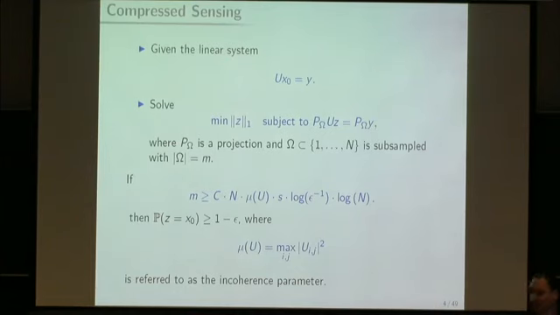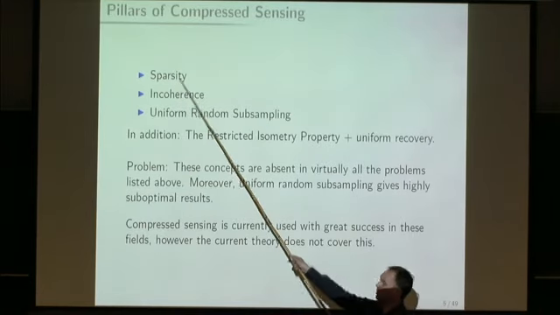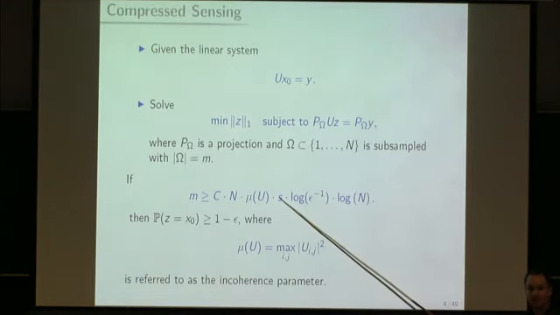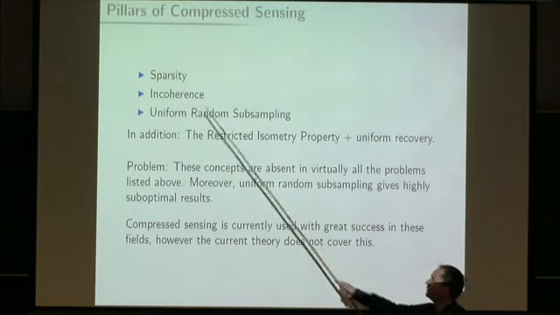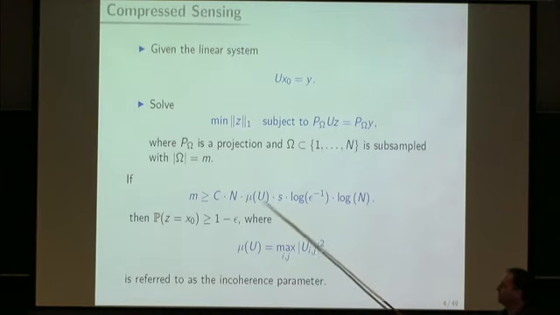So from this equation, you can essentially read out what the pillars of compressed sensing are. The first is what we call sparsity. You can see that from the number of non-zero elements. That's your s. That's a key thing. The second one is the incoherence. You desperately want that parameter to be small.